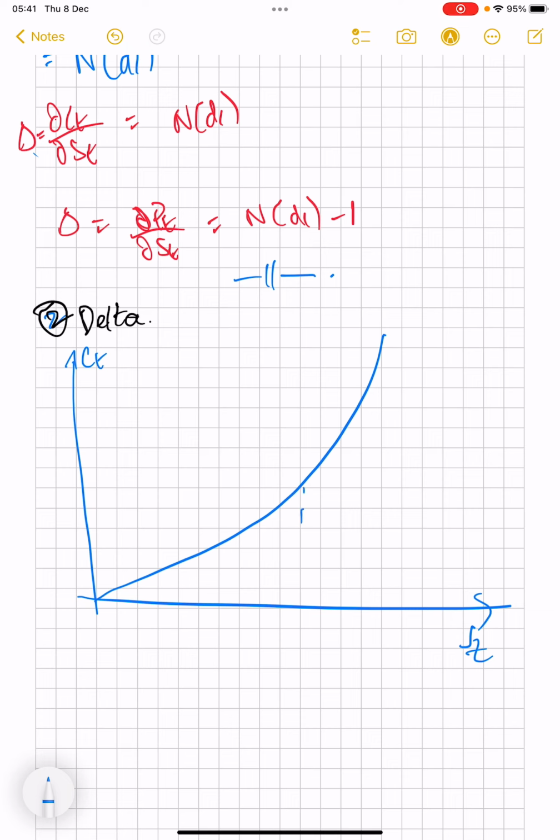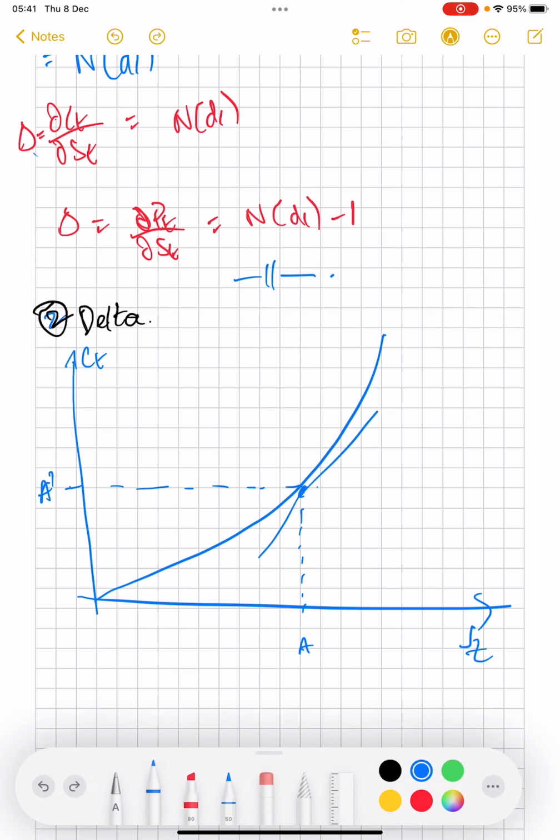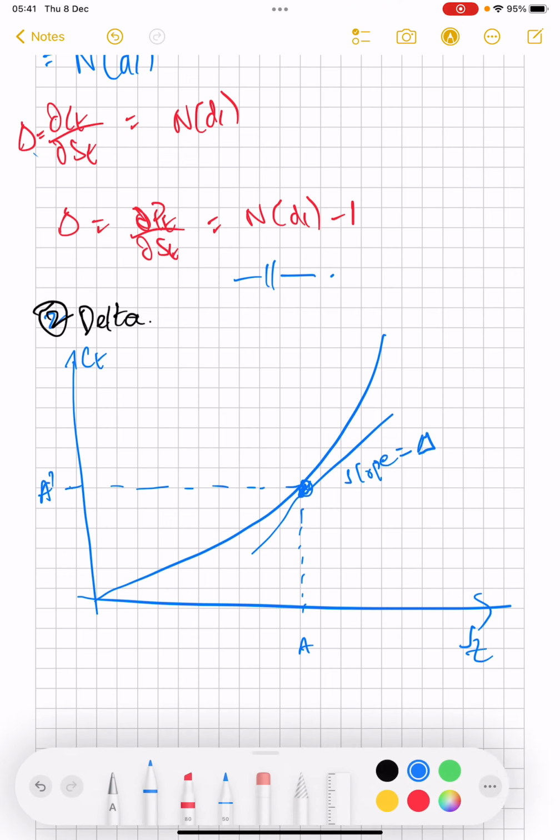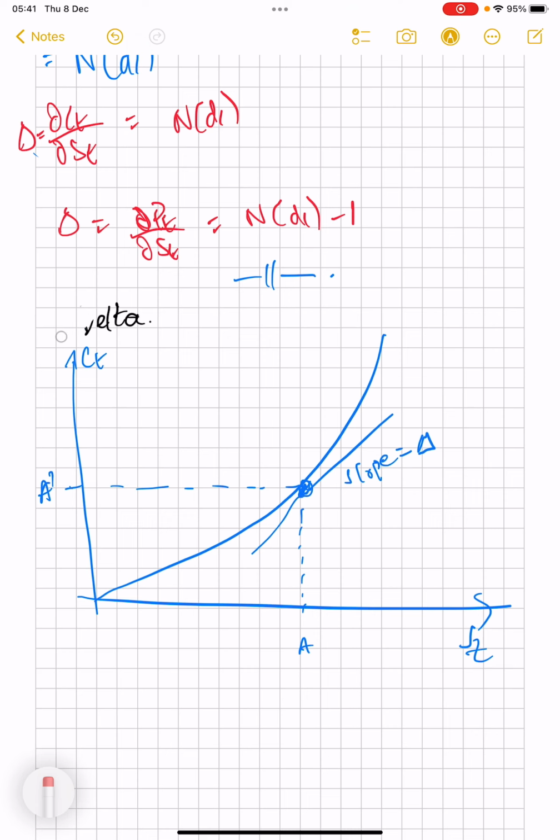At point A, this is the tangent of the line. The slope is the delta.